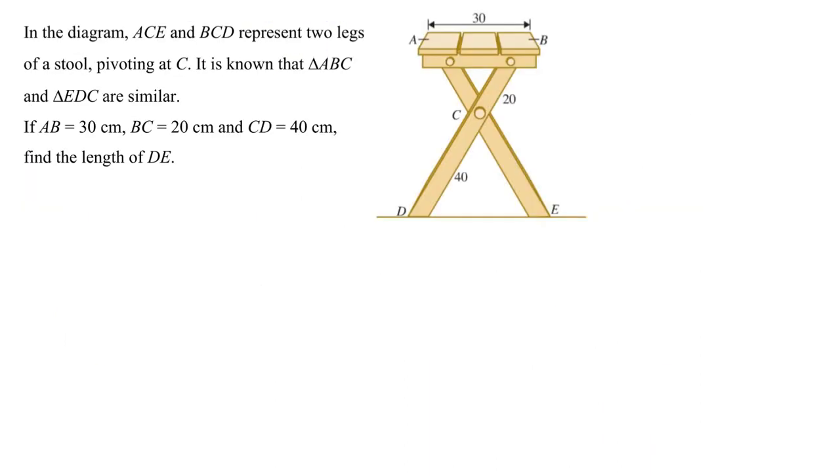Hello everyone, welcome to this problem where we are given that ACE, BCD represents the two legs of a stool pivoting at C, and it is important again to know that there are similar triangles. Okay, and therefore I will then be able to do a rough sketch of the triangle ABC. So that is what I'm going to do now.